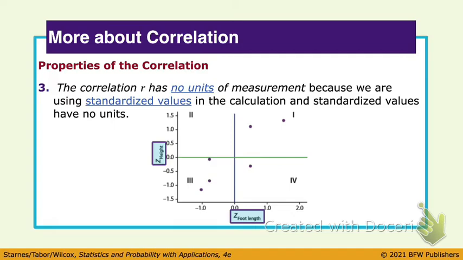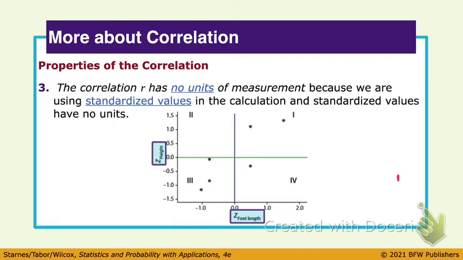There is no units attached to the correlation value. Correlation is a standardized value that tells me strength and direction of the association. It has nothing to do with units. The units go away just like they went away with z-scores. Z-scores don't have units. R values don't have units. Okay?